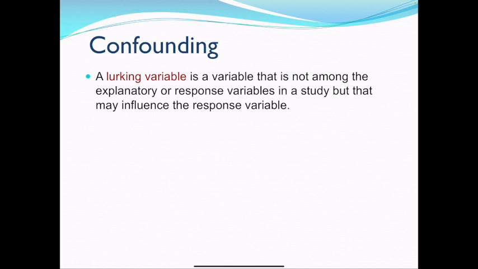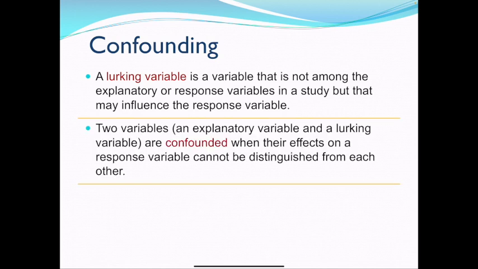Confounding can happen in experiments. A lurking variable is a variable that is not among the explanatory or response variables in a study, and it may influence the response variable. I feel like I've talked about confounding before in earlier videos. Two variables are confounded when their effects on a response variable cannot be distinguished from each other, right?